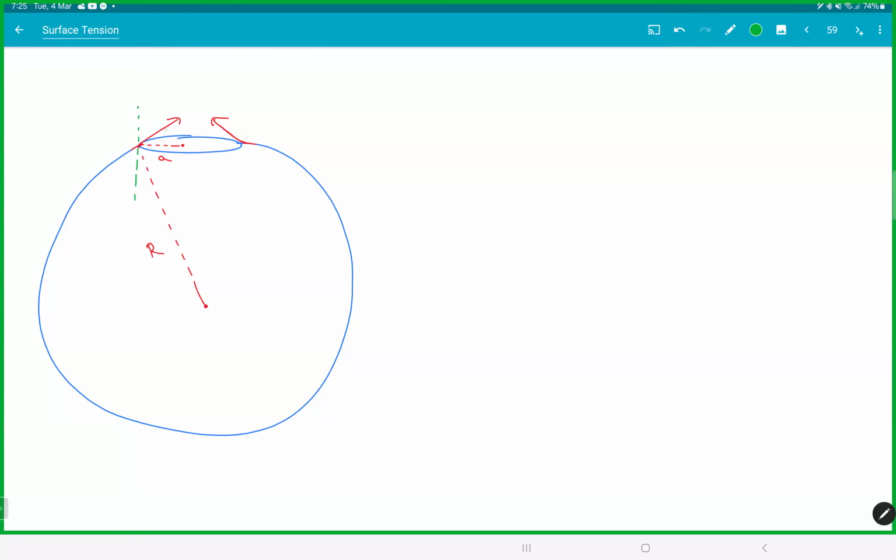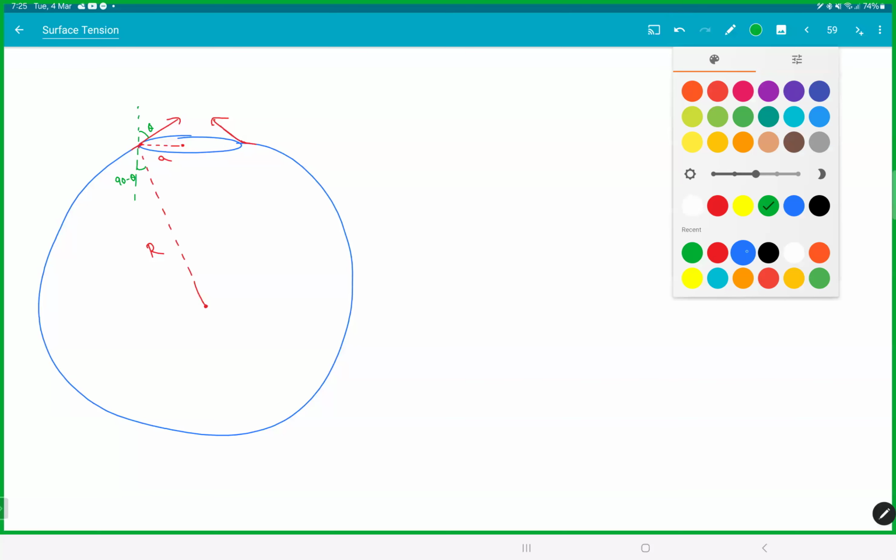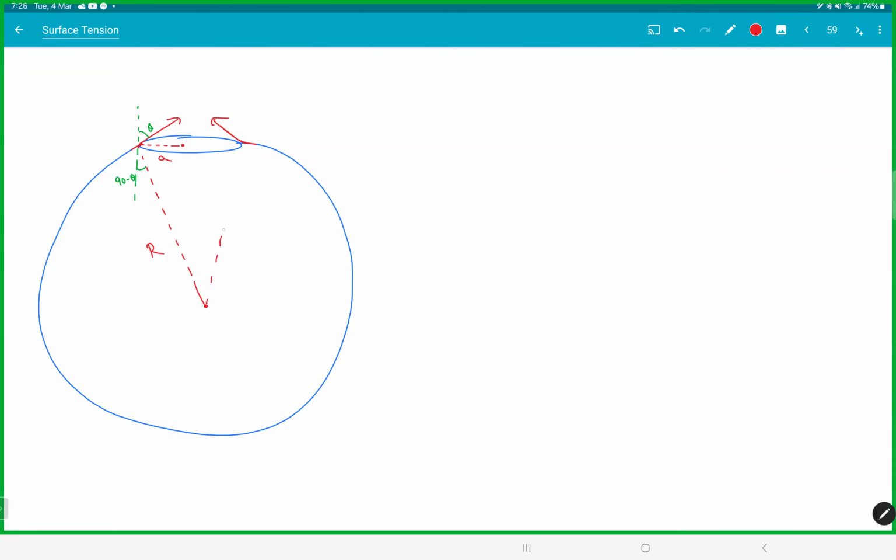The vertical. This is theta. This is 90 minus theta. Basically, this should be the tangent. I didn't draw it properly there.